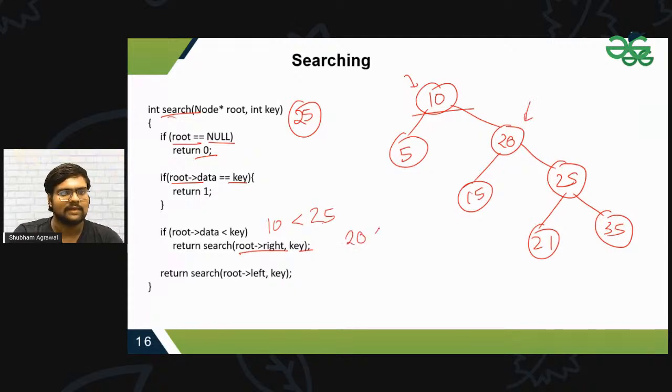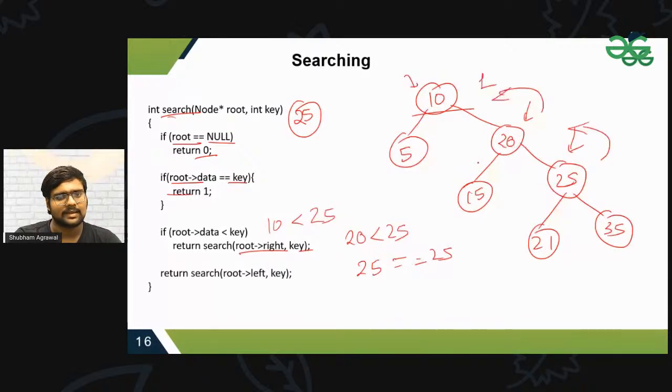Then 25, when we compare it with key, is equal to key, so it will return 1. This 1 will be returned recursively to the previous function, and at last when we get the result from this function, it will be 1. So it is a successful search. So 1 means successful search, and 0 means unsuccessful.